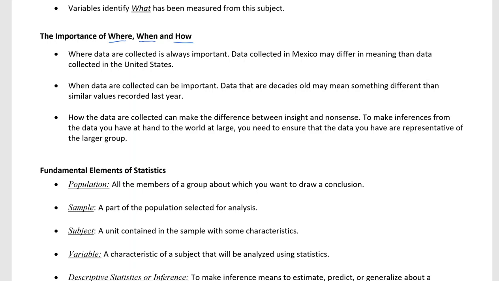So if you have a data table, you need to make sure that this data table can be used for the right when. So we say when data are collected can be important. Data that are decades old may mean something different than similar values recorded last year. Understand? All right, so if you have any questions, be sure to just click the link for the WebEx. I will be waiting for you.